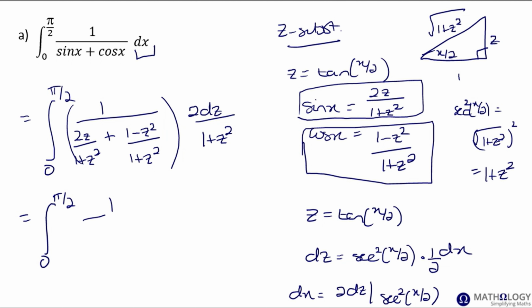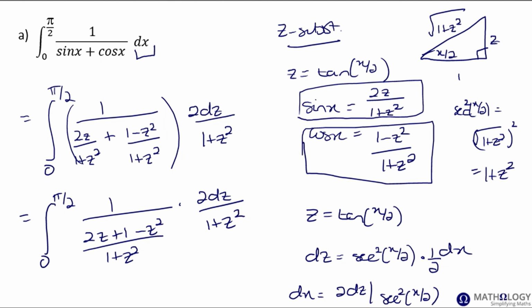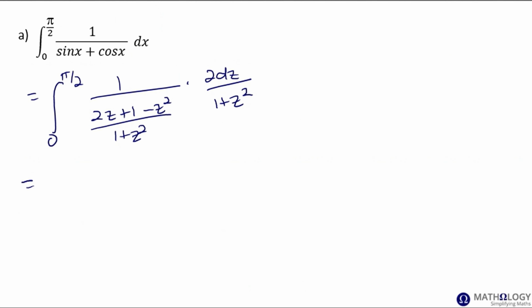So we have 1 over, the denominator is 1 plus z squared. So we'll have 2z plus 1 minus z squared times 2 dz over 1 plus z squared. That equals the integral from 0 to pi over 2.